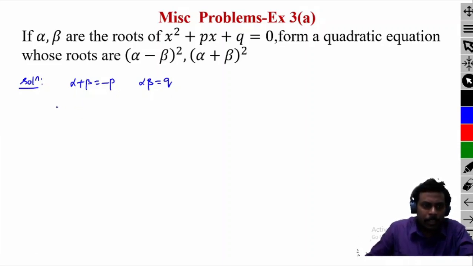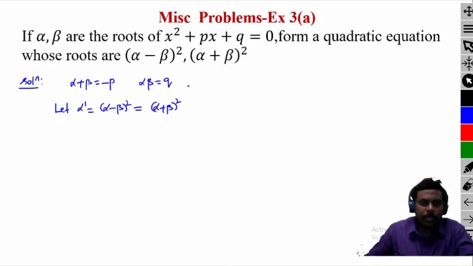Now let us first let alpha dash is equal to alpha minus beta whole square. Let us find out this quantity. Okay, alpha minus beta whole square, in the last problem we have seen alpha minus beta whole square is equal to alpha plus beta whole square minus 4 into alpha beta.